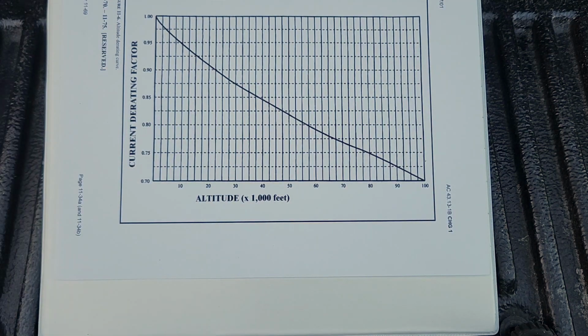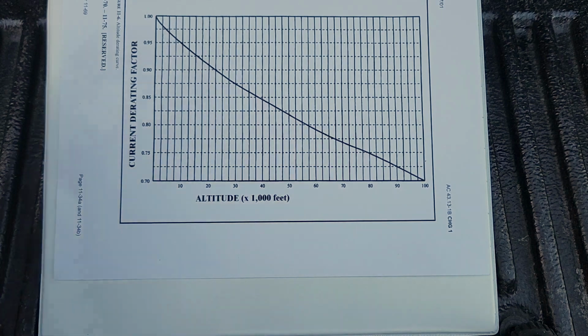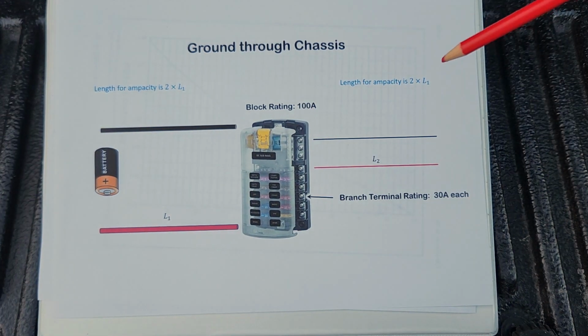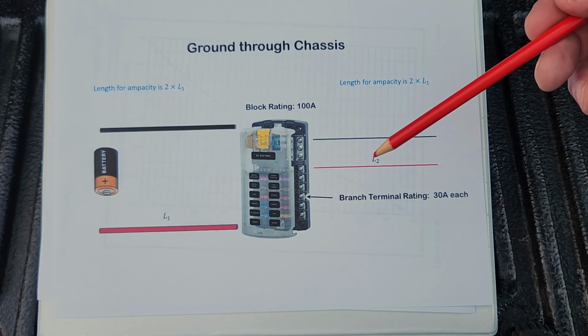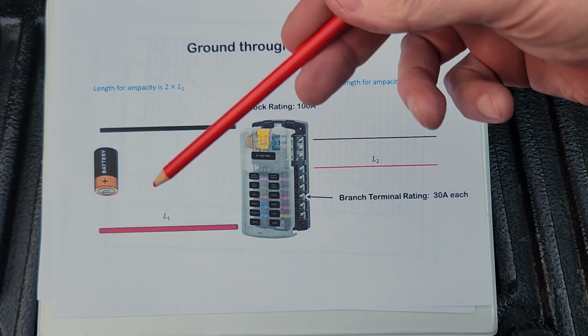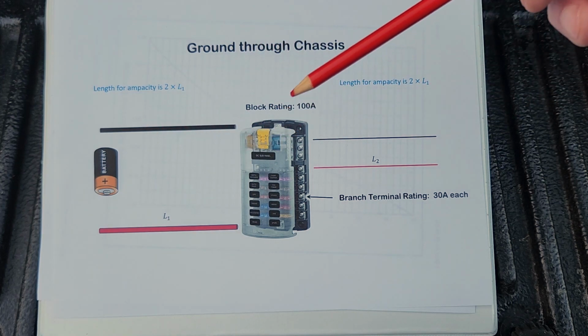So one more thing, and I've got to flip back to the beginning. Yeah, so let's just use this one. Everything I explained was either for just the load side or the supply side of the fuse block.